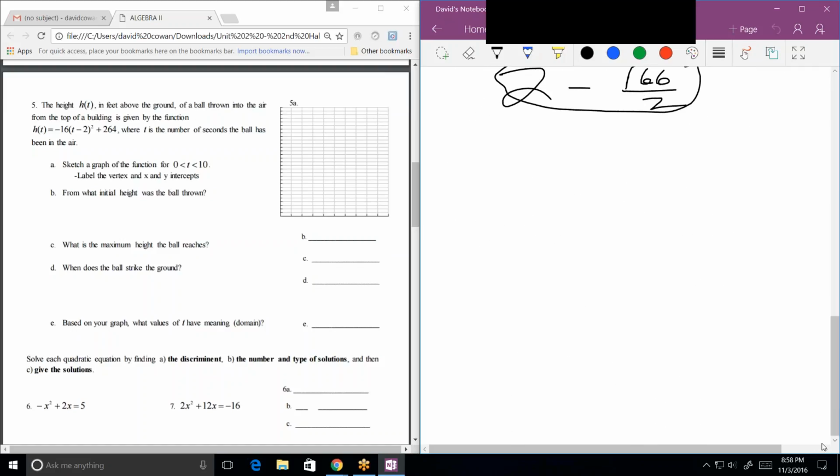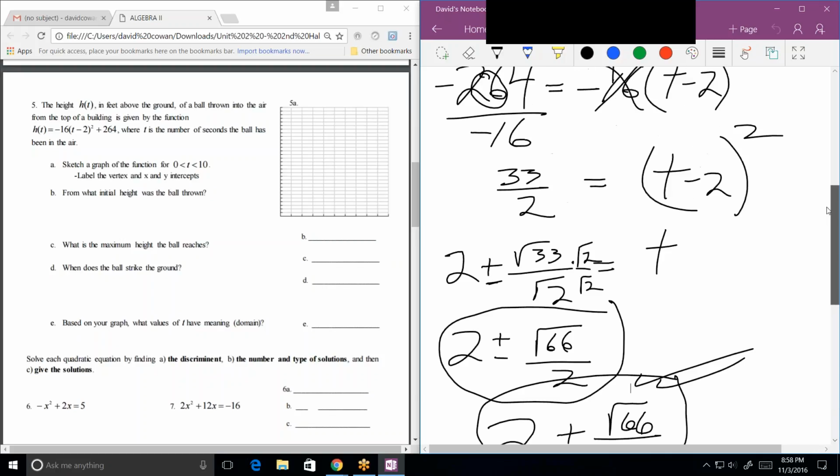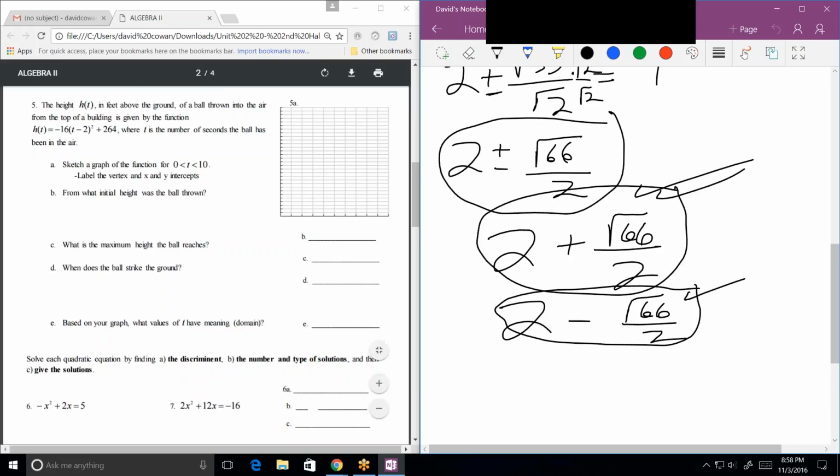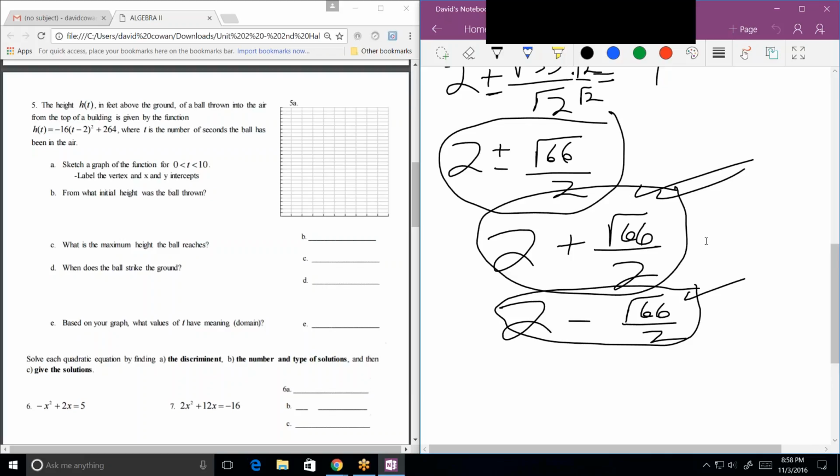It's the x-intercept, because that's the way we got the x-intercepts, was to make the height 0. And that came out to be 2 plus root 66 over 2. So that is when the ball strikes the ground, at a little after 4 seconds.